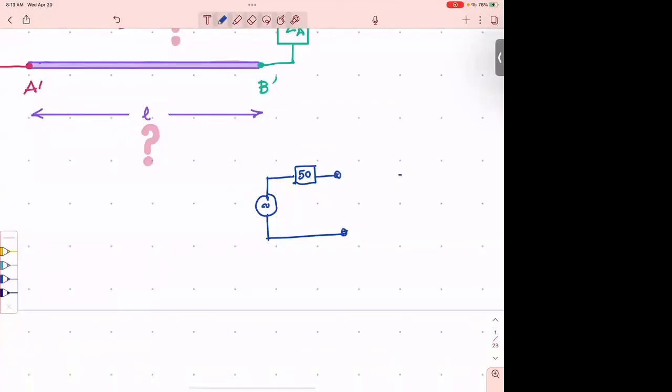And then I have my antenna here, 100 ohms. In fact, I will not do it like that. I will do it like this.